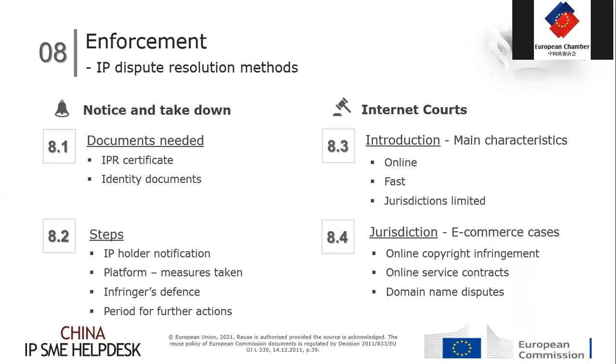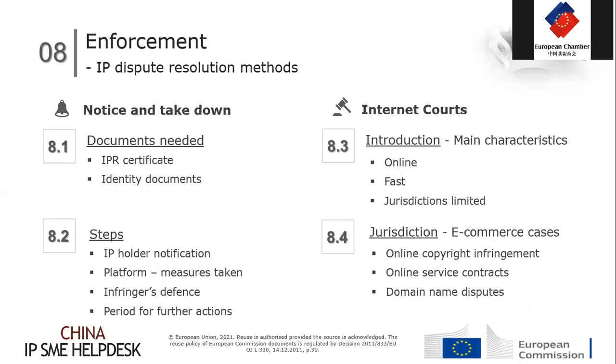Basically, the first step is that the intellectual property right holder should notify the platform about the infringement. This notification should go with the intellectual property right certificate, with the identity document, and with the link of the infringement, very clear. So you should copy and paste the link, so the person who's checking the information can go directly to the infringement.